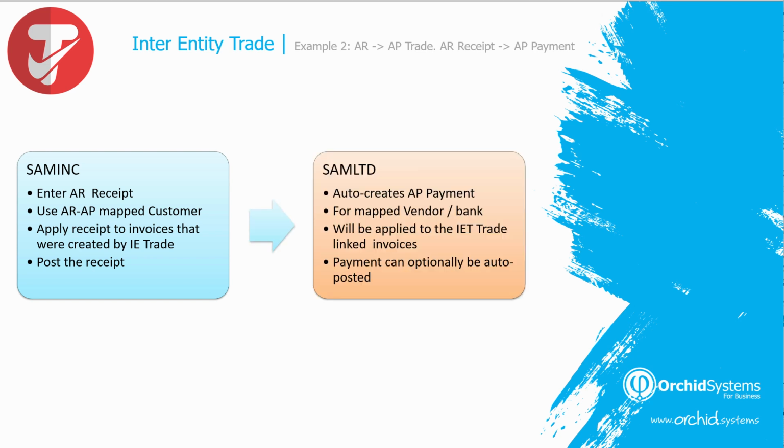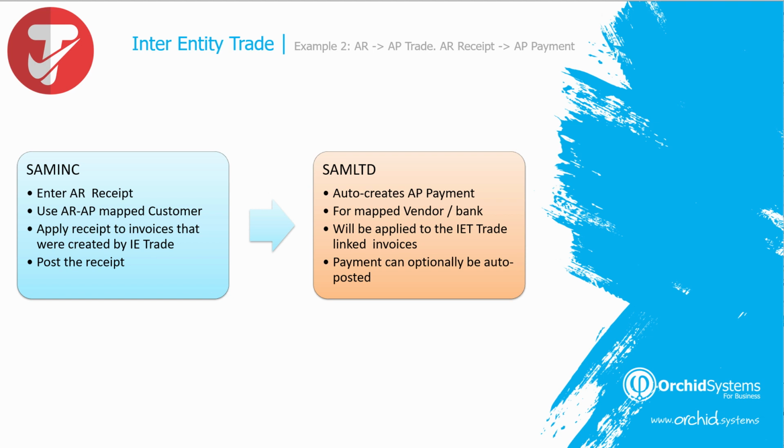Inter-entity trade will auto-create the AP payment in SAM Ltd for the mapped vendor and bank code that we set up in SAM Inc. And the AP payment will be applied to the AP invoices that are linked to the AR invoices that the receipt was applied to. And the payment batch can be optionally auto-posted.